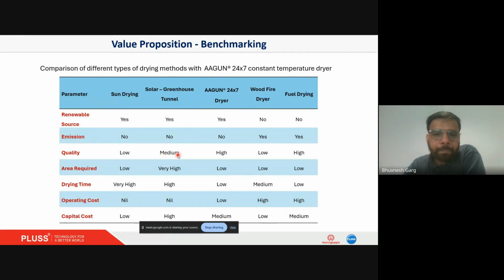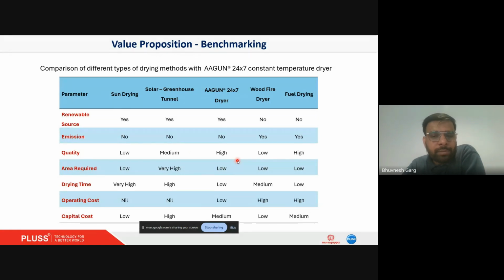In greenhouse tunnel also there is a quality issue, because it is medium quality you can maintain with these kinds of dryers. There are no direct sun radiations falling on your food product, but definitely you are not able to maintain the nutrients in your food products, which you are able to do with argon dryer.